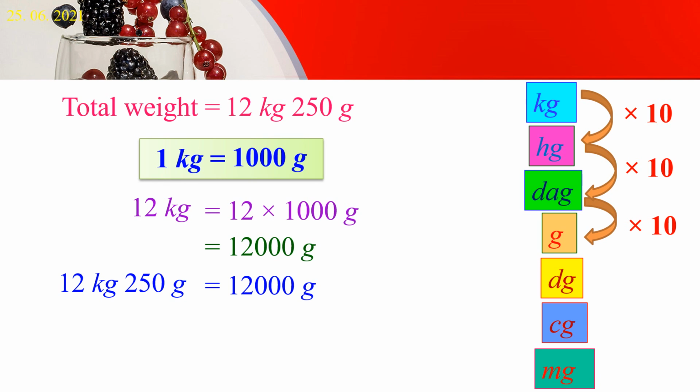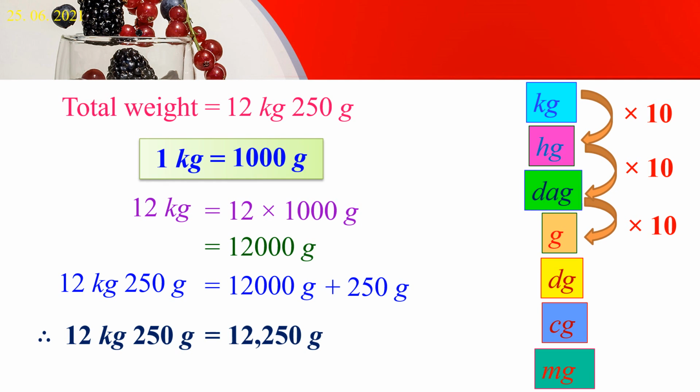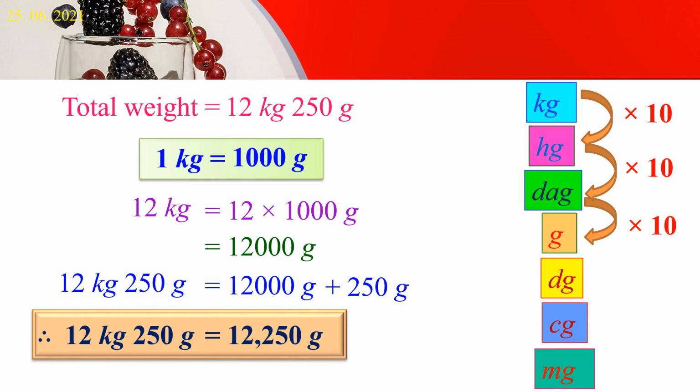Instead of 12 kg, we have to write 12,000 gram plus 250 gram. And adding, we get 12,250 gram. Therefore, 12 kg 250 g is equal to 12,250 gram is the solution for this sum.